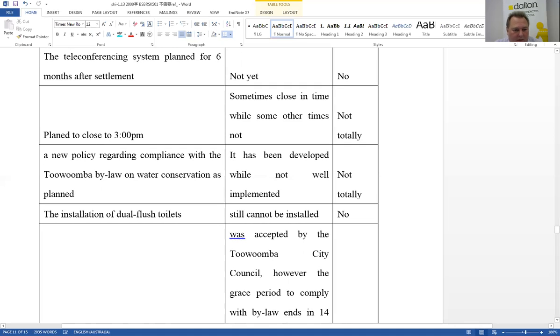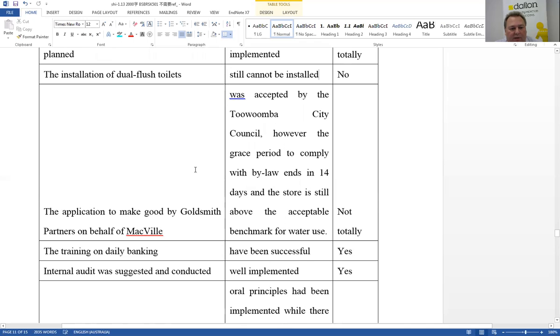Again, there was mention of the new policy regarding compliance with the Toowoomba bylaw on water conservation as planned. It has been developed while not well implemented. See, any issues are listed here. The application made good by Goldsmith Partners on behalf of McVille. Again, there's Toowoomba City Council information there.